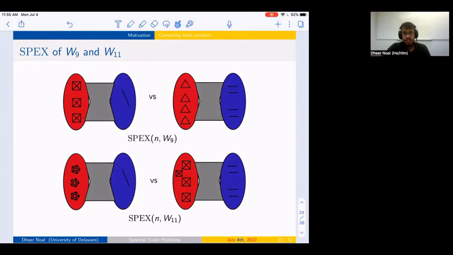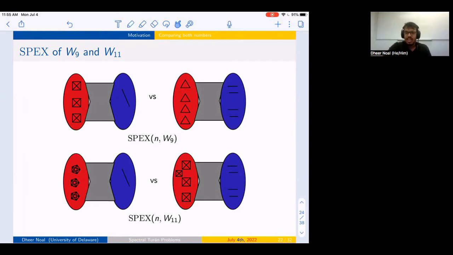So we're not sure whether to put a K4 into one of the parts and just one edge in the other, or should we put in triangles into one part and a maximal matching inside the other part. And similarly for W11, it's putting in a 4 regular graph into one part and one edge into the other part, versus should we put in a 3 regular graph into one part and a perfect matching in the other part.